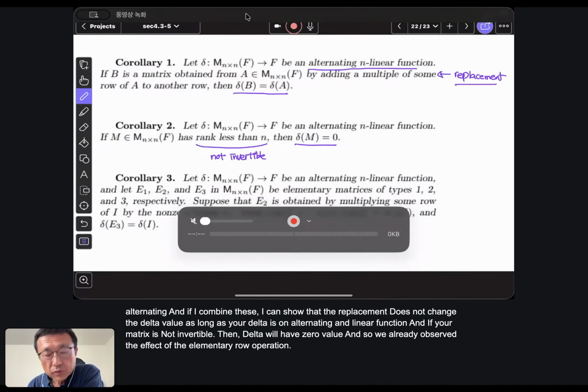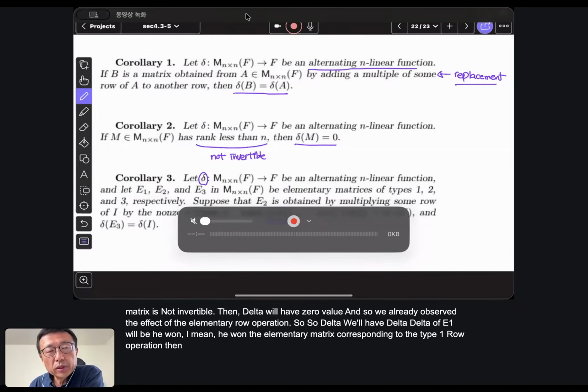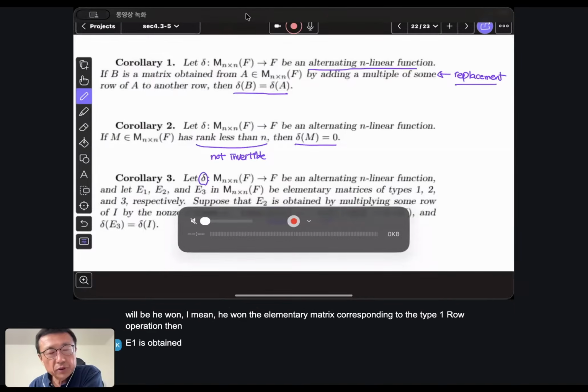So delta of E1, where E1 is the elementary matrix corresponding to the type 1 row operation, then E1 is obtained from the identity matrix. So delta of E1 will be the negation of delta of I, the identity.